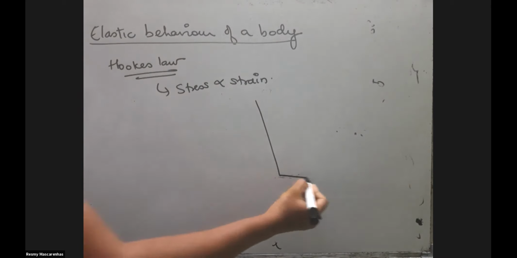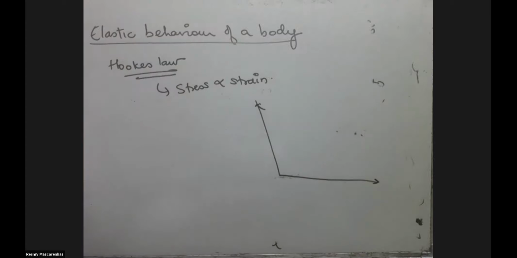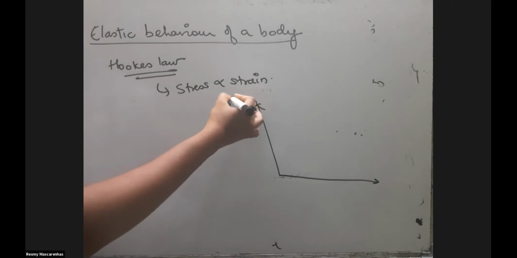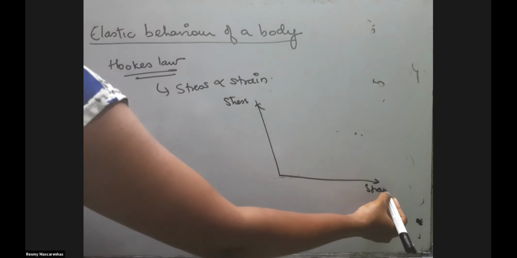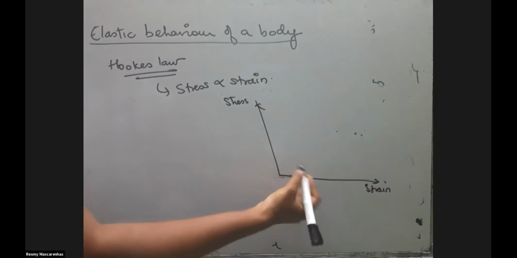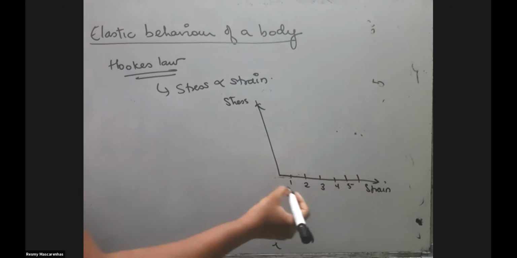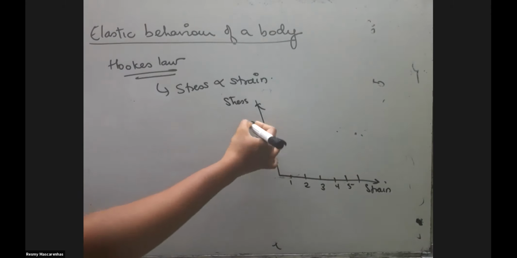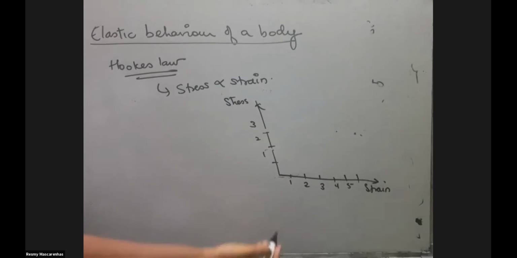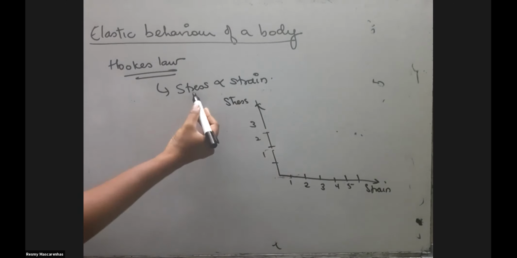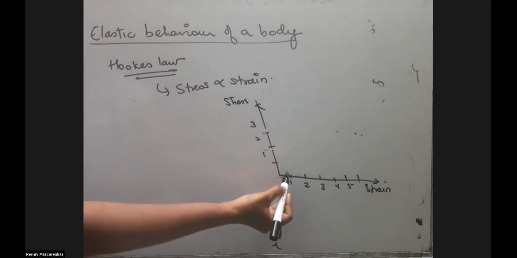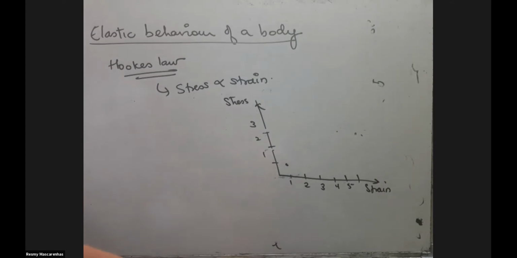Now, if you try to plot a stress versus strain graph, proportional means, suppose I'm just marking the numbers, but while explaining, you don't have to draw the numbers. If I'm increasing the strain by 1 unit, the stress will also increase.